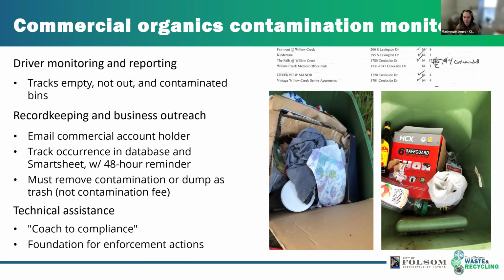When we have a contaminated green bin, I am sent a picture, either via email or text directly from that commercial driver, or to our recycle team email directly. When I receive that picture, I save it in our files, and then I email the account holder on file from our database, notifying them of that contamination.